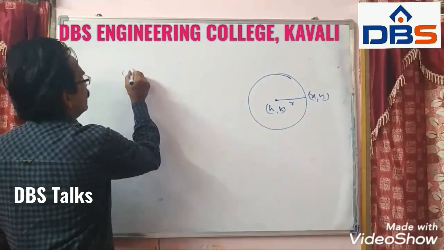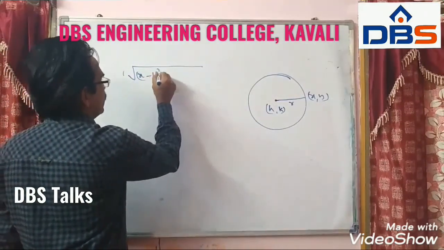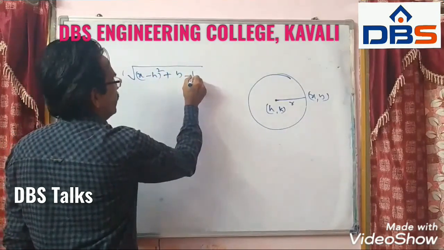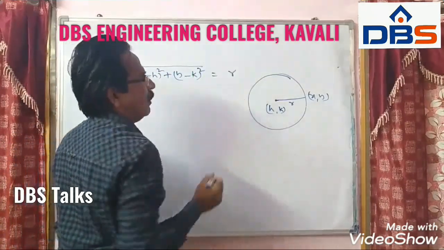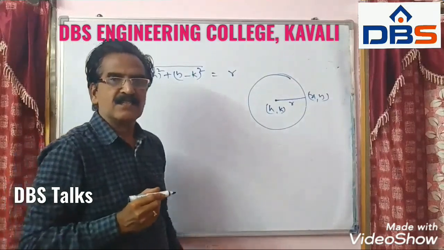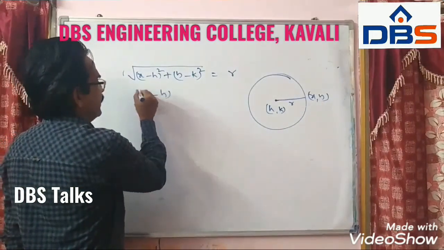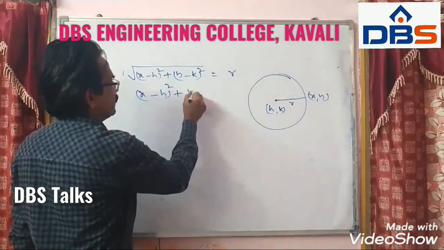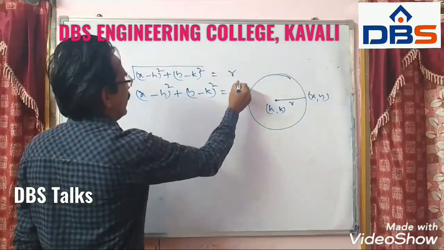Root of x minus h whole square plus y minus k whole square is equal to r, fixed distance. Squaring on both sides, x minus h whole square plus y minus k whole square is equal to r square.